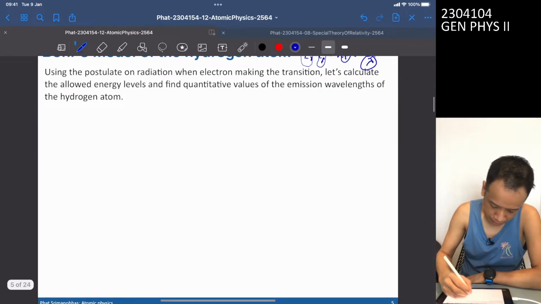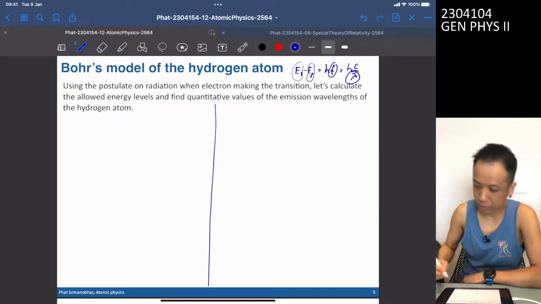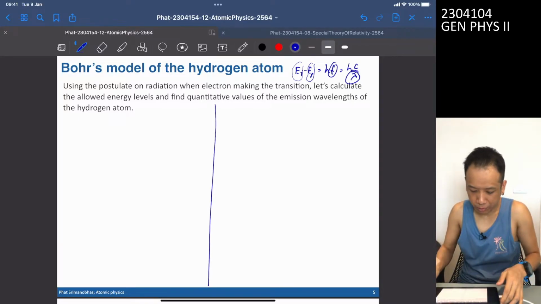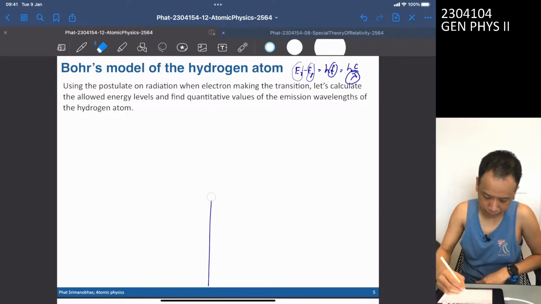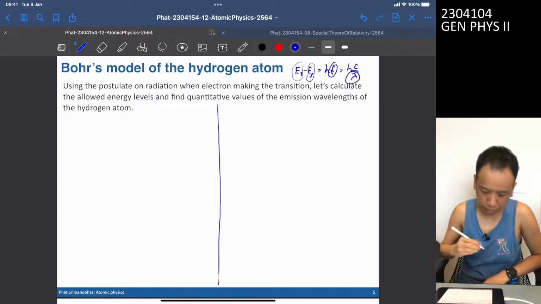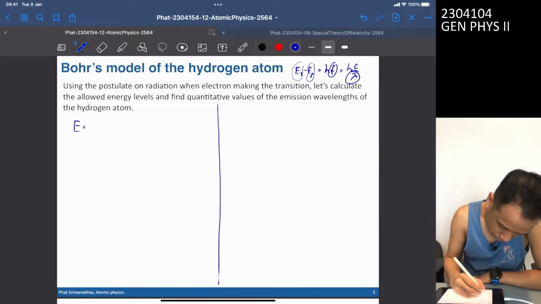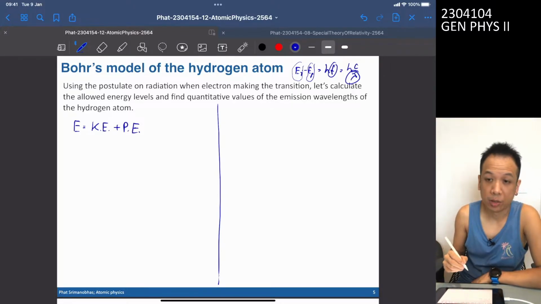So let's start how to calculate this. Let's start from the total energies. The total energy is basically the kinetic energy plus the potential energies.